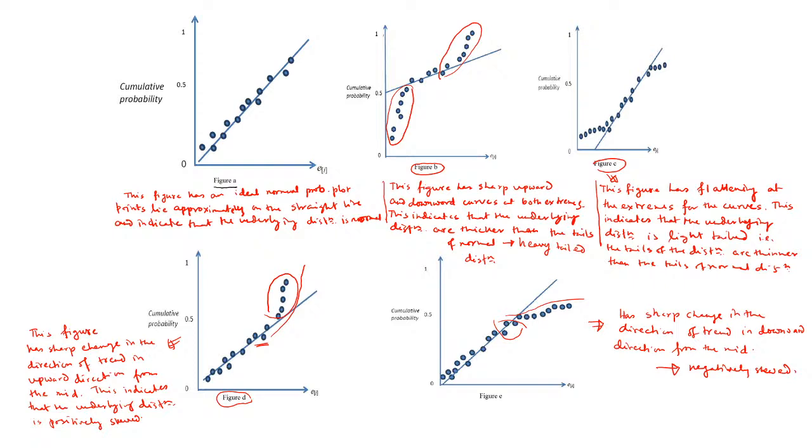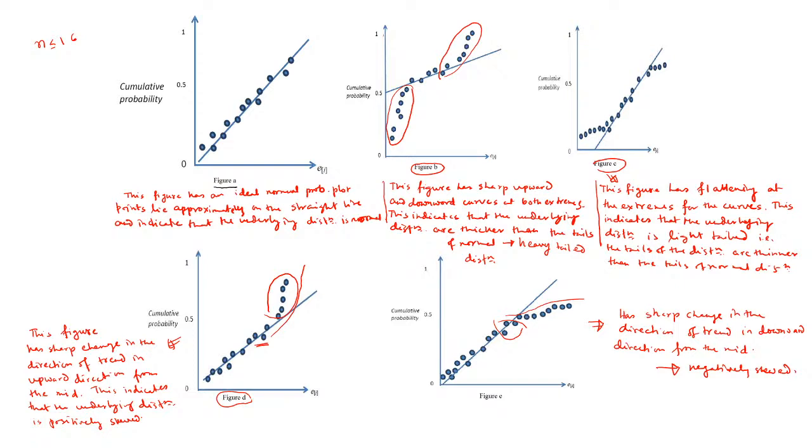Now, please note down some points. Small sample sizes, that is n less than or equal to 16, often produce normal probability plots that deviate substantially from linearity.